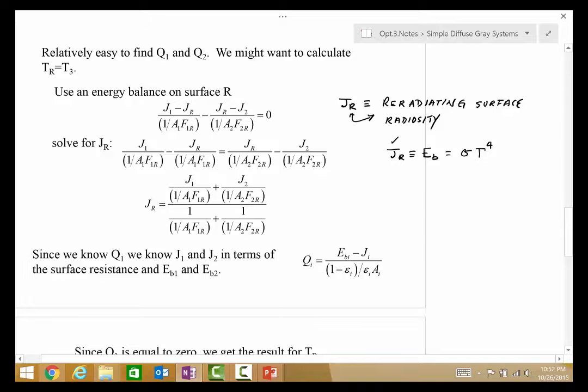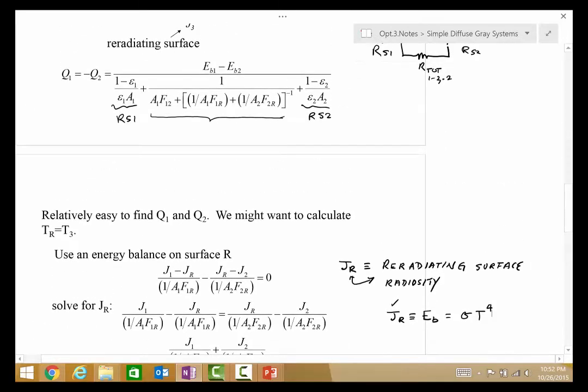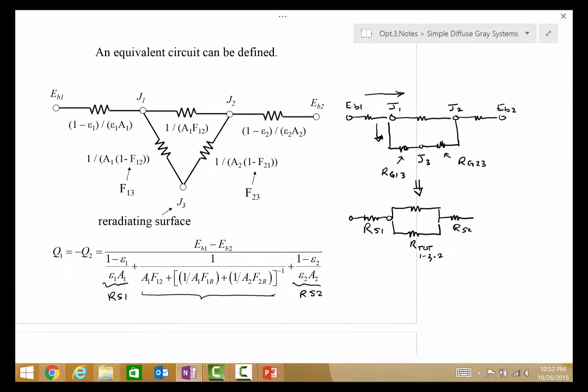The way that we find this is, if our main radiosities J1 and J2 are known, I hope that you see that once we find Q, which is the overall potential drop in this system, then we know what the intermediate J's are, because we can go from EB1 to J1 and EB2 to J2.